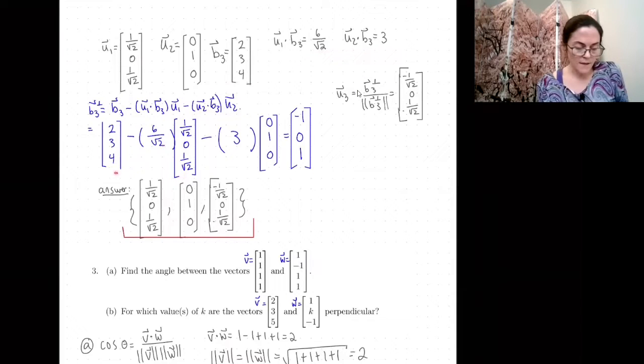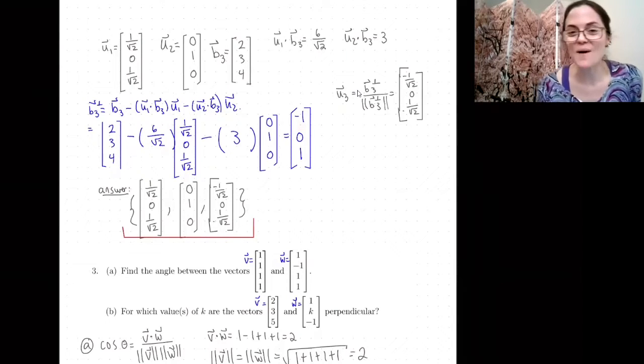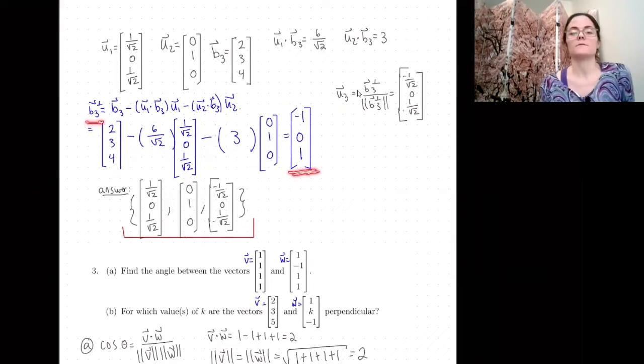And then you take this, minus this, although you can go component-wise. For example, 2 minus 6 over 2, 2 minus 3 is minus 1, right? And you could do that for each component, and you realize that the component of B3 that is orthogonal to the plane is this vector.